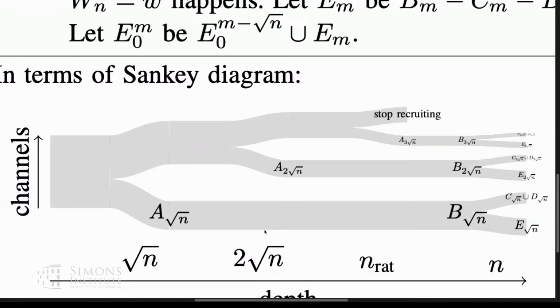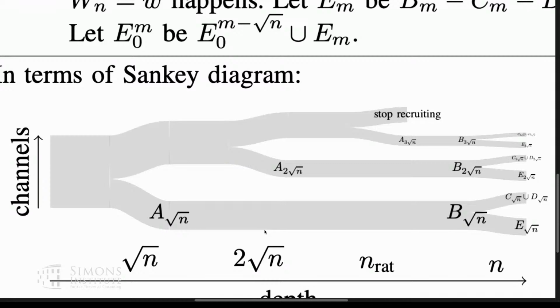Then you apply the same argument a second time when the level is at 2 root n, and once more when the level is 3 root n, and so on and so forth.